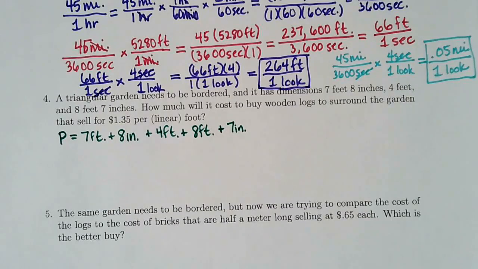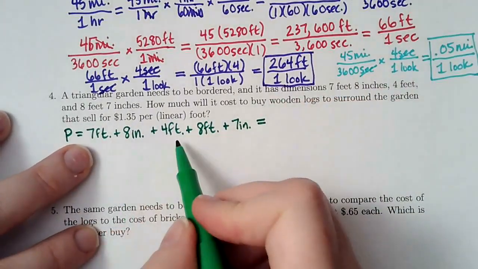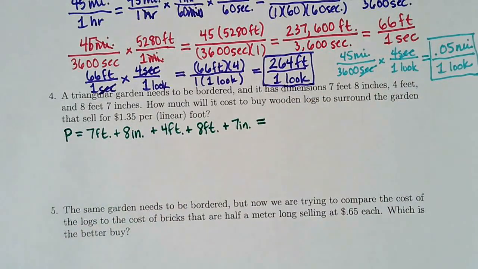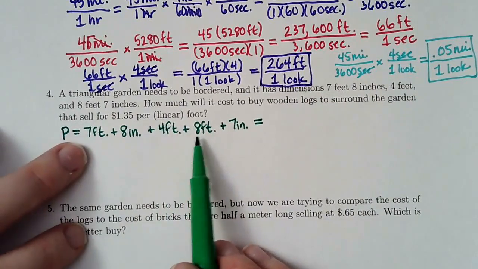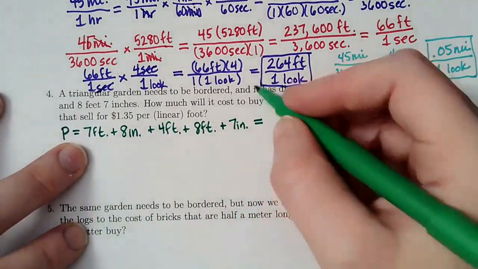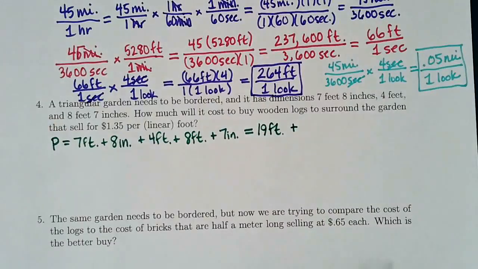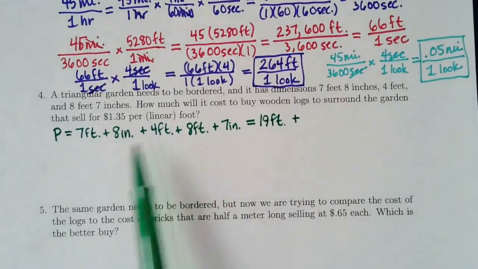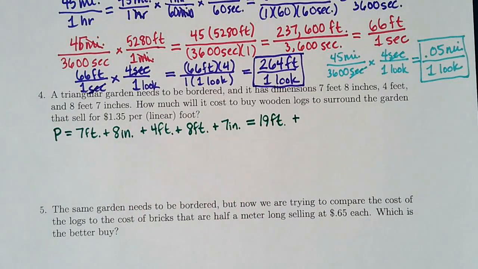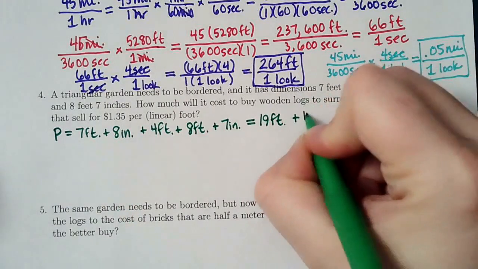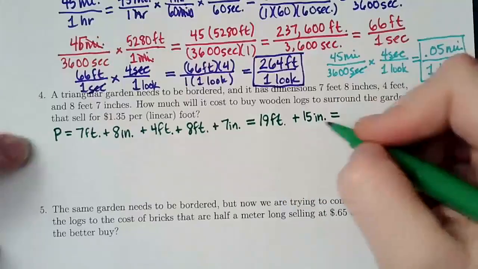And let's add up all of these feet. So we have 7 feet, 4 feet, and 8 feet. Well, 4 plus 8 makes 12, and 12 plus 7 makes 19. Okay, how many inches do we have? So I see 8 inches plus 7 inches, which makes 15 inches. Okay, that has a foot in there.